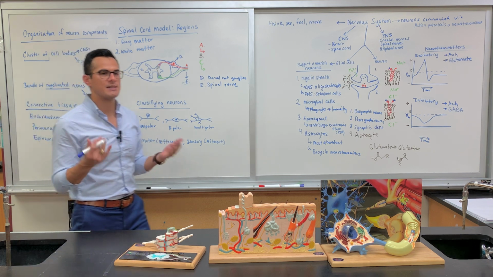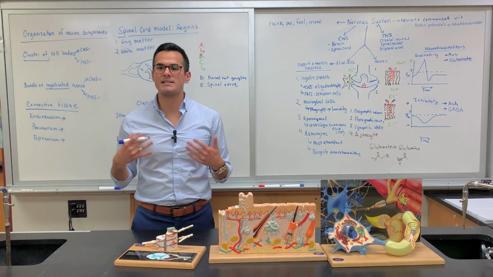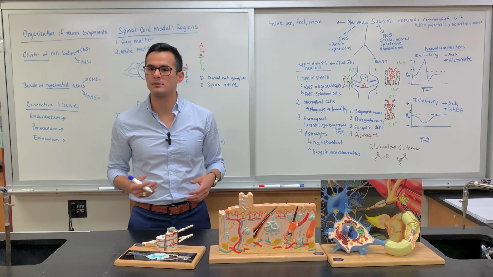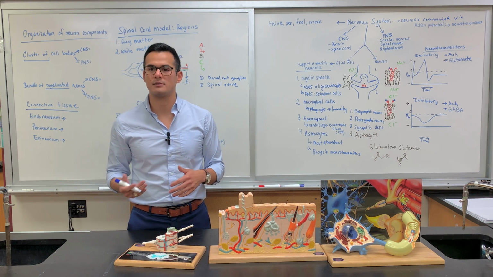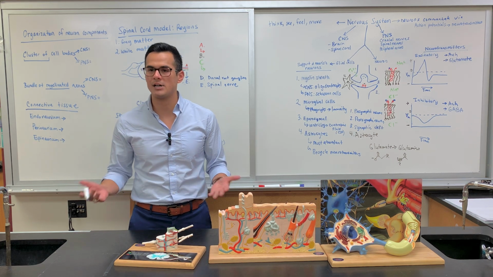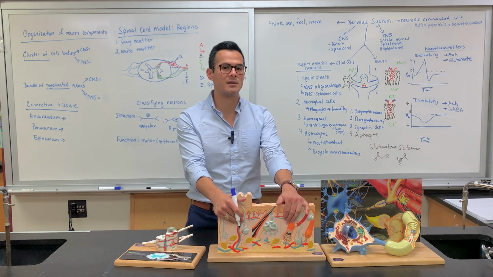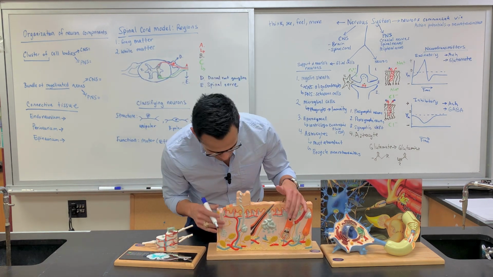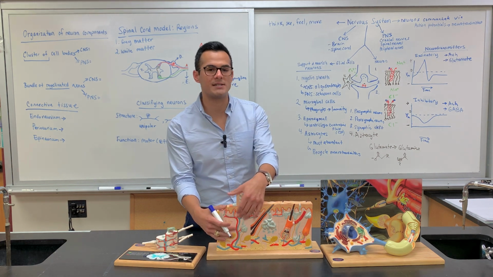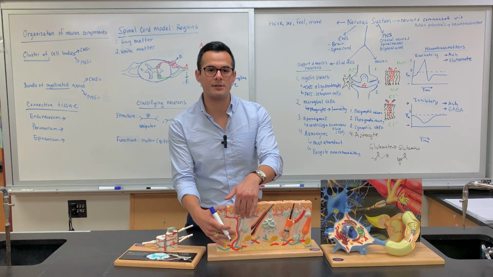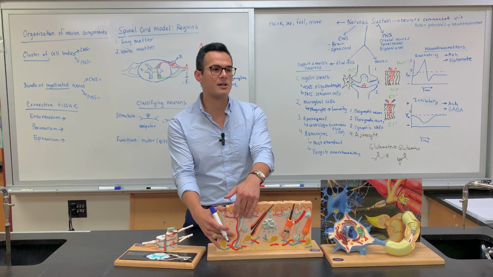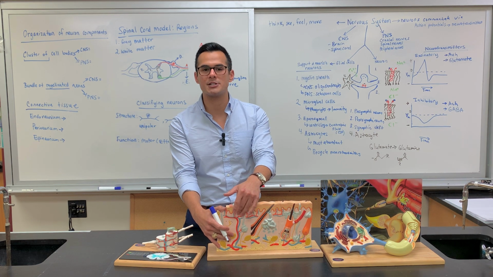So if it's sensory, when I say my senses, what do you think of? Like vision, right? You think of hearing, think of touch. So as an example, I have here the skin model, and we've already identified some of the basic parts here, like all these different nerves that are responsible for touch.